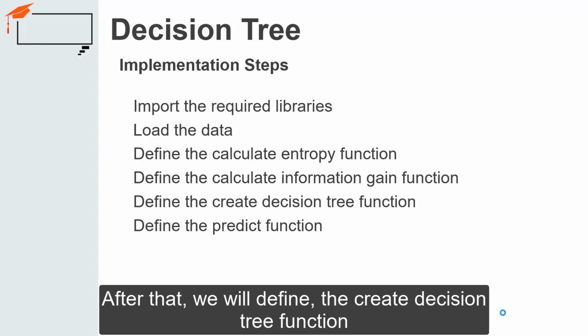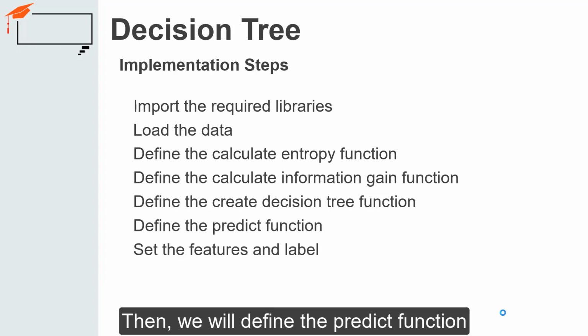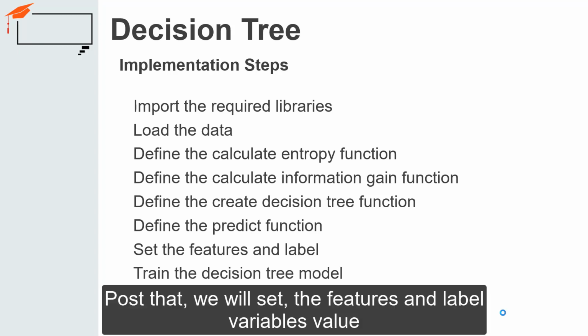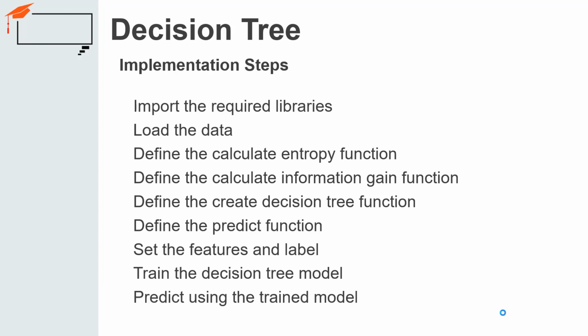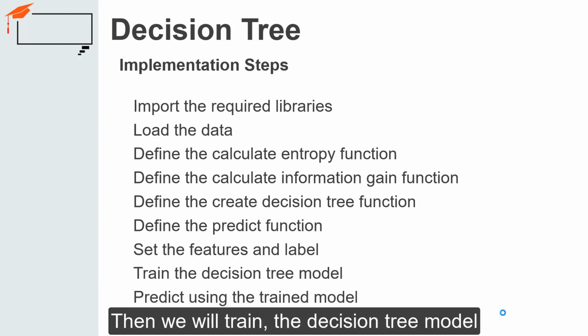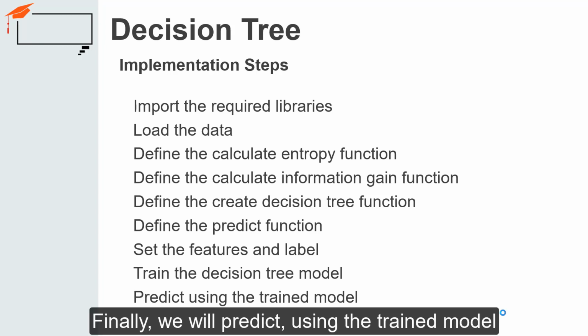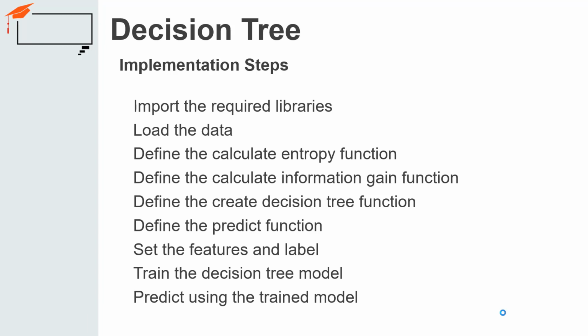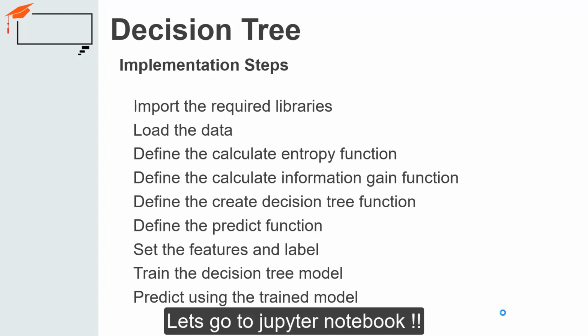After that, we will define the create decision tree function. Then we will define the predict function. Post that, we will set the features and label variables value. Then we will train the decision tree model. Finally, we will predict using the trained model. Let's go to Jupyter Notebook.